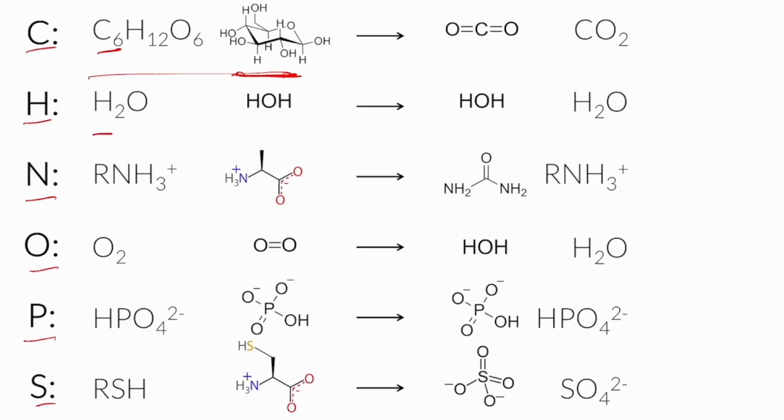One of the ways we take in hydrogen is water. We take in nitrogen via amino acids. We take in molecular oxygen via oxygen. We take in phosphorus via phosphates. And we take in sulfur via things like cysteine amino acids. Obviously we take them in different forms too, but this is a representative form.